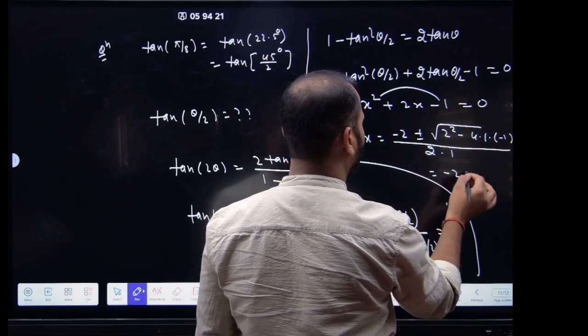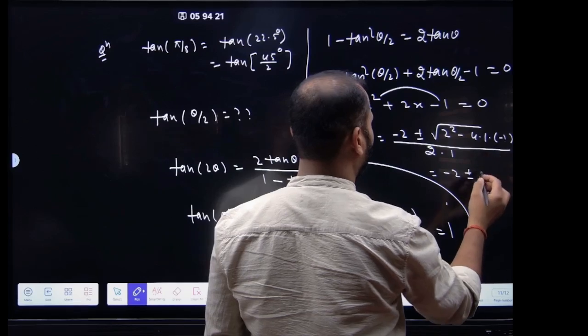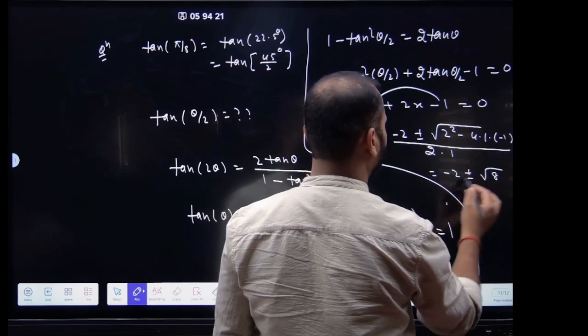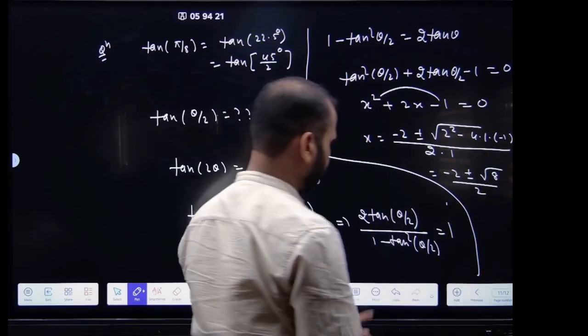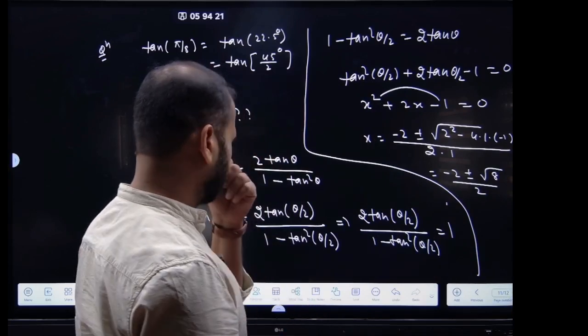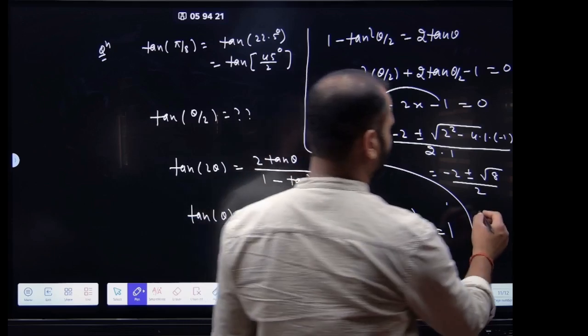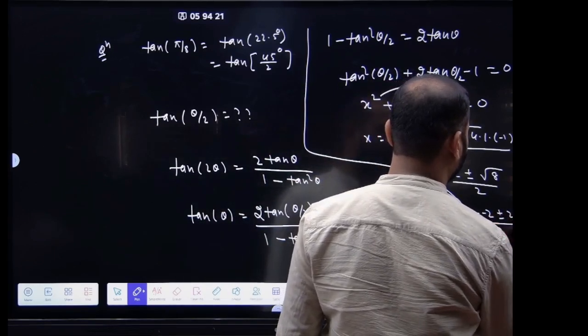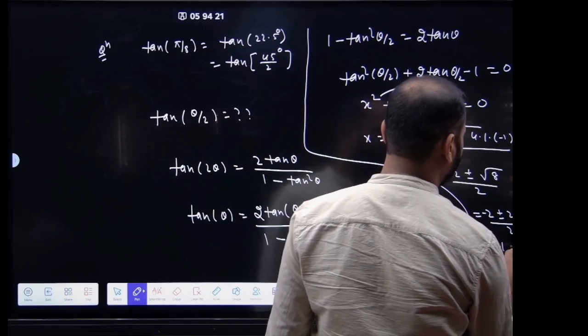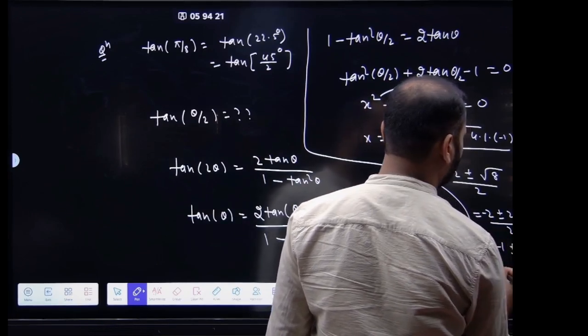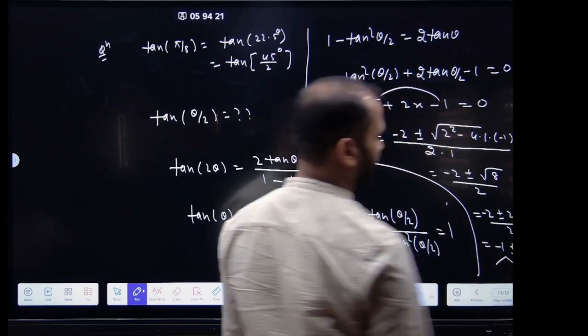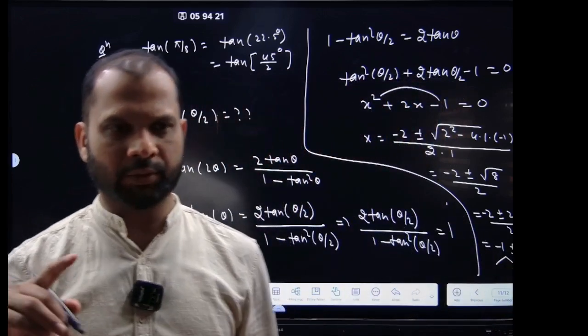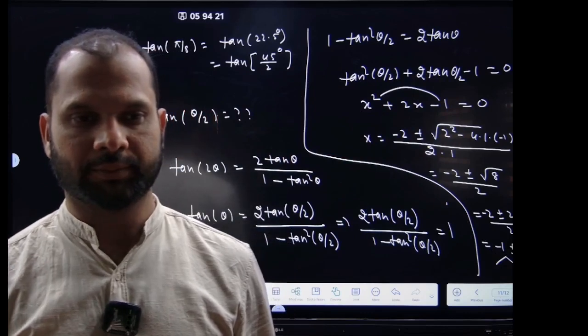How much will it be? Plus minus, b square is 4 plus 4, 8, divided by 2, right? Yes or no? So this can be written as minus 2 plus minus 2 root 2 divided by 2. So it will be minus 1 plus minus root 2, right? Two answers are there: minus 1 plus root 2 and minus 1 minus root 2.